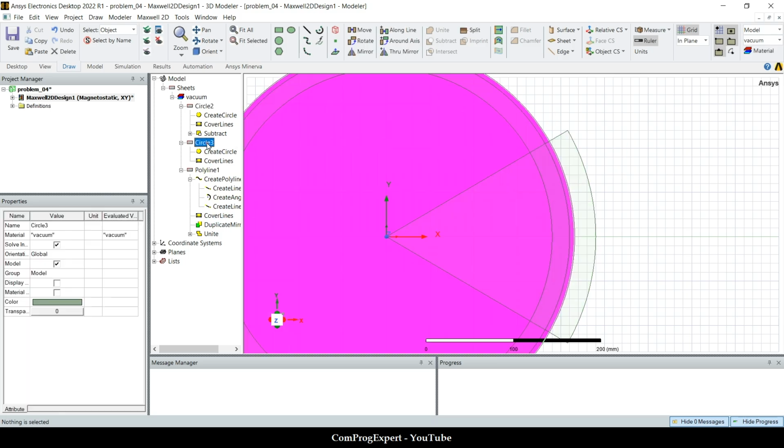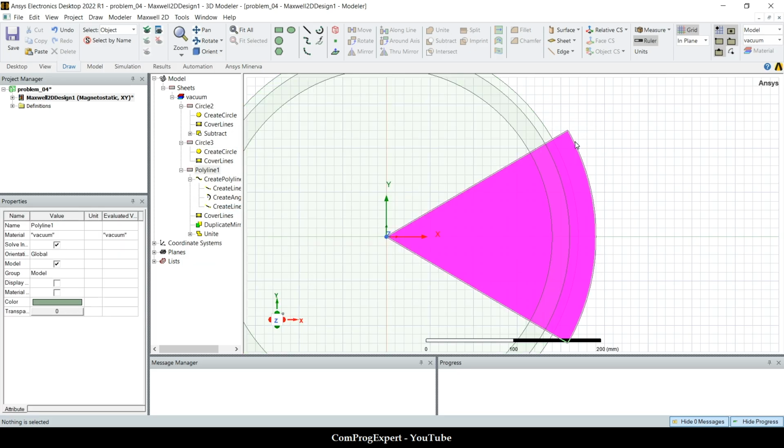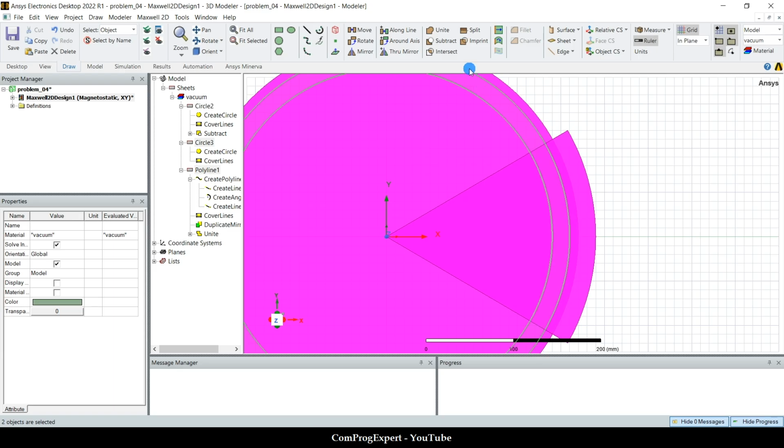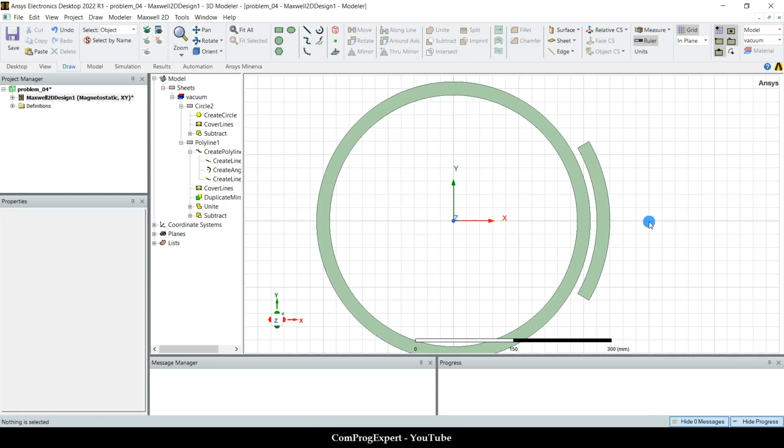The radius of this circle 3, let's set it equal to R2 plus 1 centimeter. Select this one, circle 3, and subtract. Yes, so this is one side of the coil.